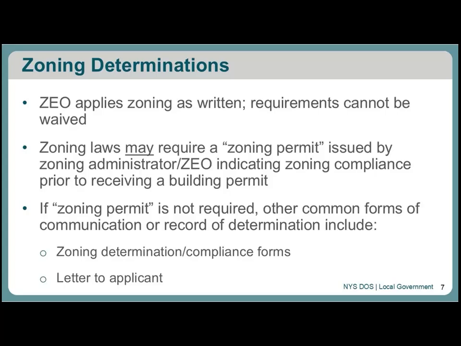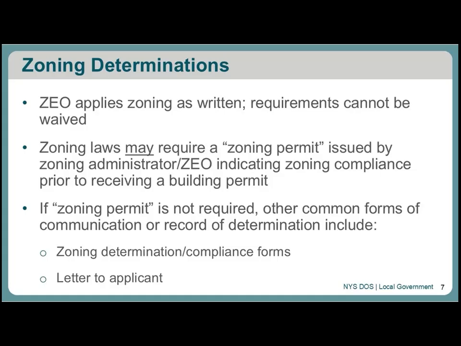So zoning determinations are a really important part of all of it. It sort of kicks off the process for whether or not a land use activity can move forward. And depending upon that zoning determination, it sets certain things in motion. The zoning determination should be a written document that communicates whether or not a proposed land use activity meets zoning, is compliant with zoning.